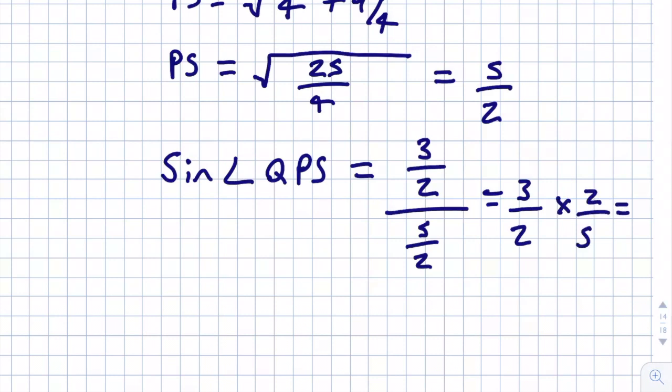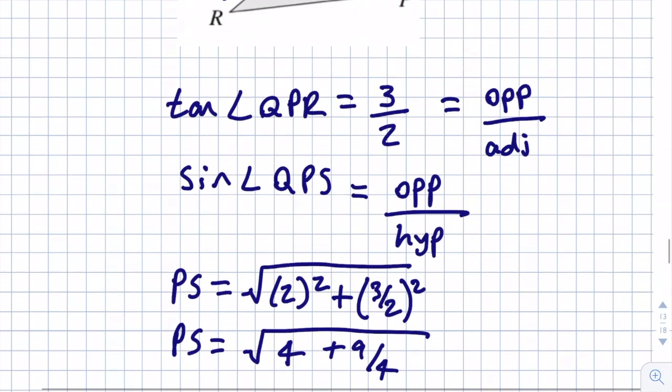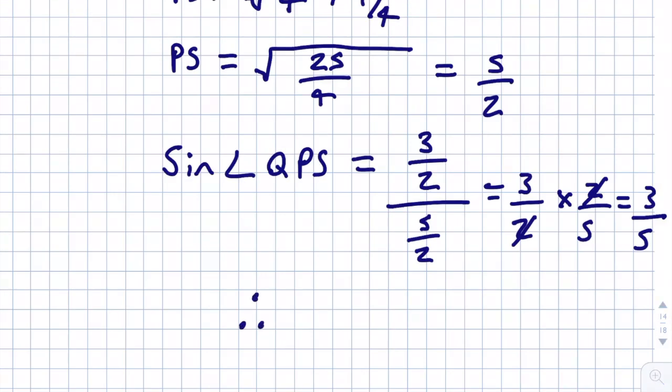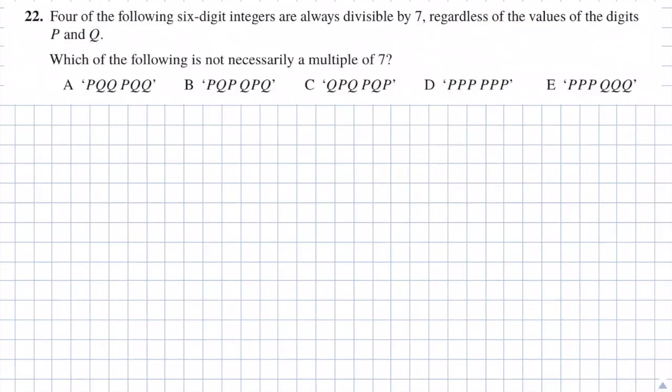You should be able to see these 2's cancel out, and we're left with 3/5, which is answer D. So therefore, our final answer is D.